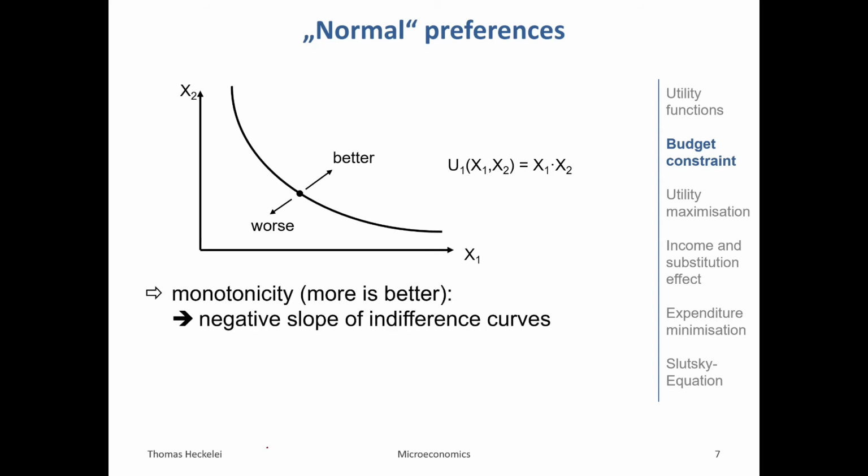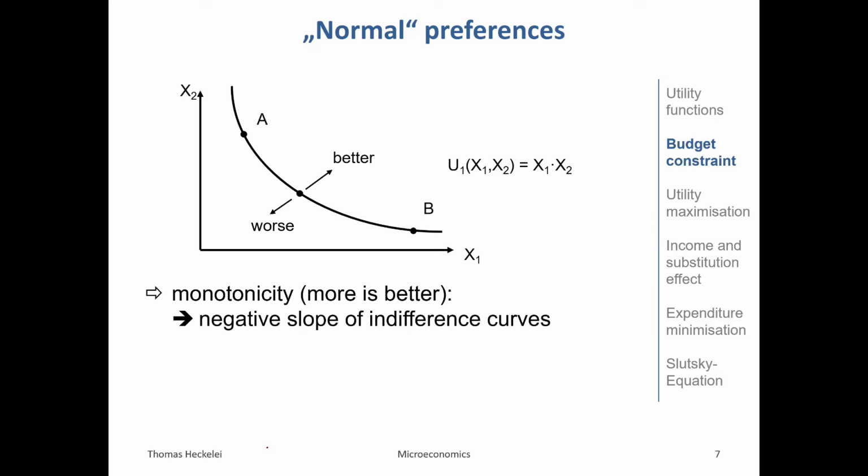Now there are two important axioms of normal preference. The first one is called monotonicity. More is always better. So that implies that the slope of the indifference curve is negative. Why is that the case? I'll show you with a drawing in a minute. Now let's move on to the second axiom.